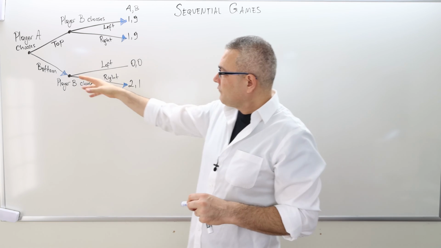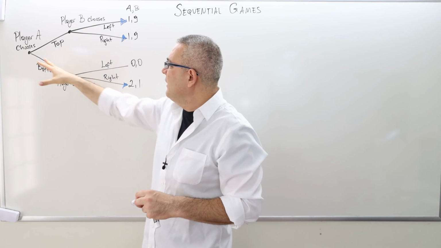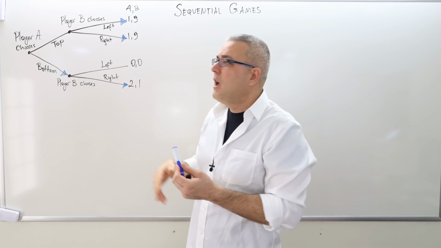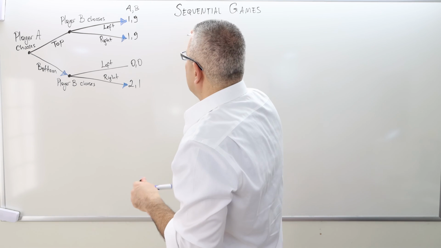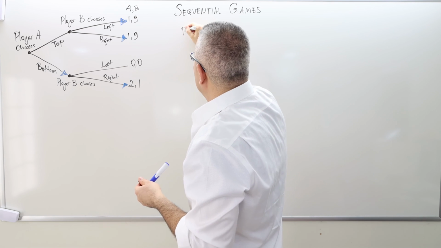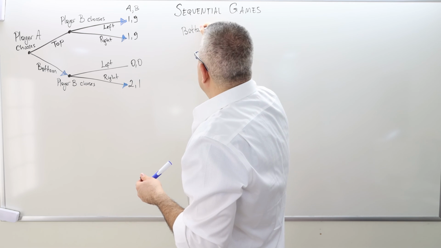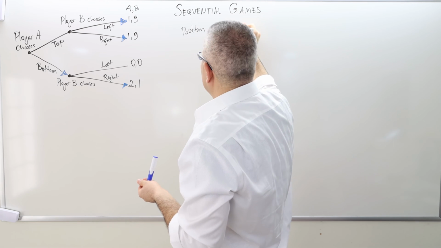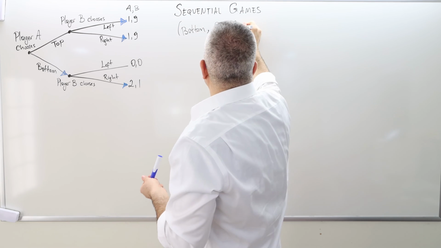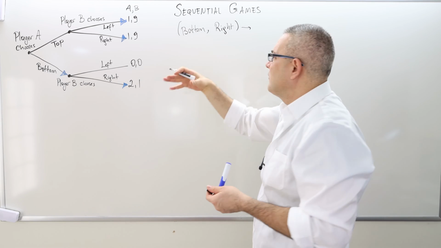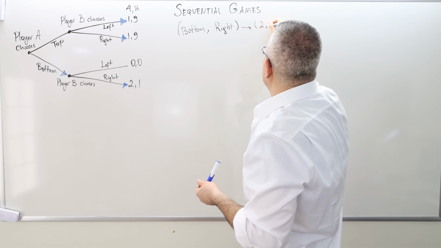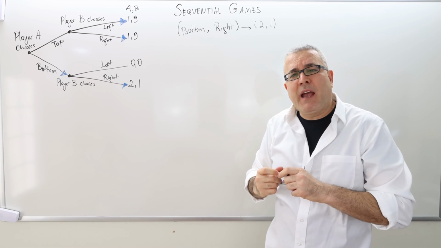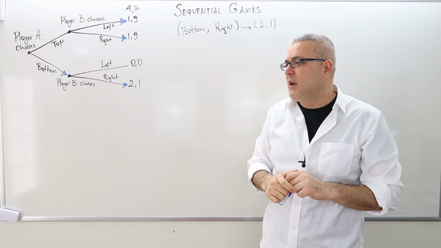In this game, player A should choose bottom and player B should choose right. So the outcome path is bottom for player A and then right for player B, with payoff 2 for player A and 1 for player B. That's the backward induction solution of this game.